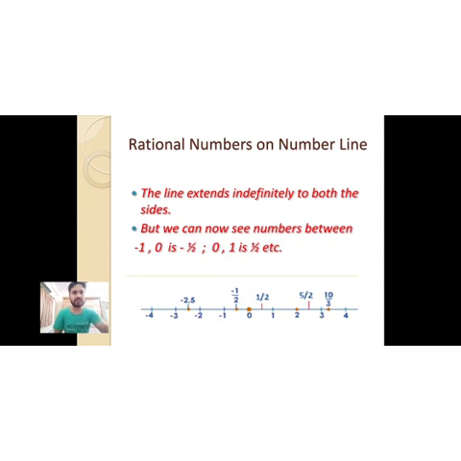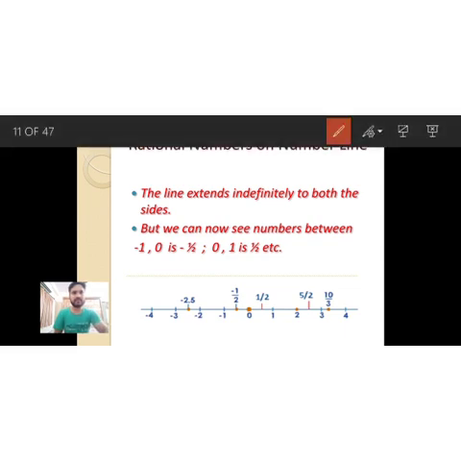Between minus 1 and 0 the number is minus 1 by 2, or between 2 and 3 the number is 5 by 2. How 5 by 2? 5 divided by 2 means 2.5, half of 5. Half of 5 is 2.5.